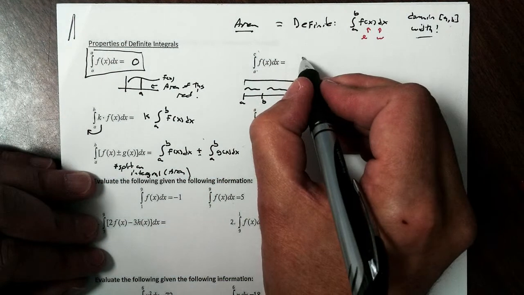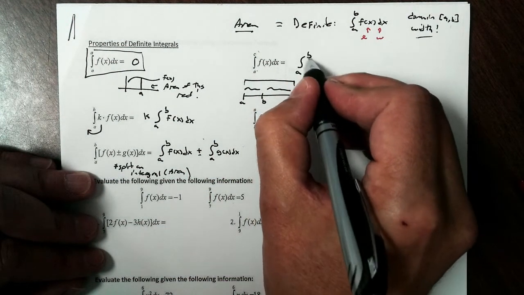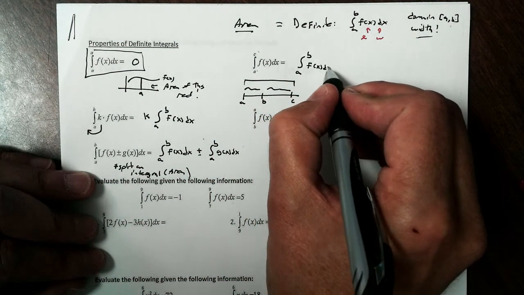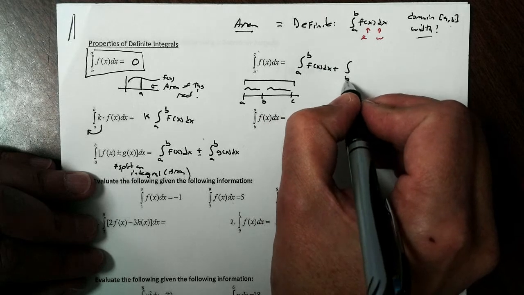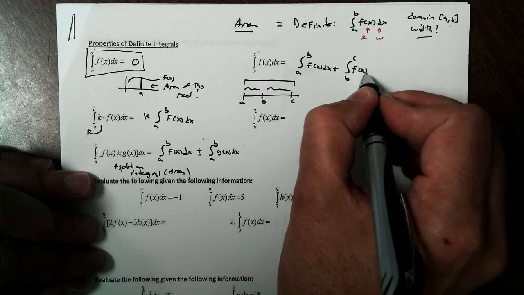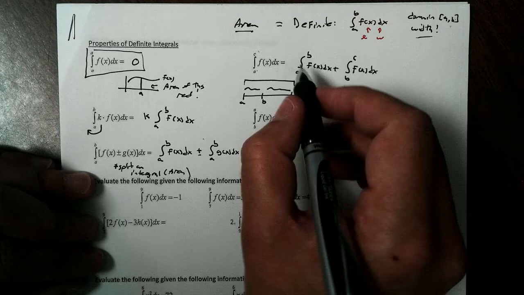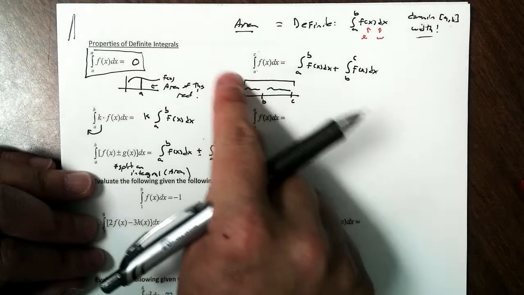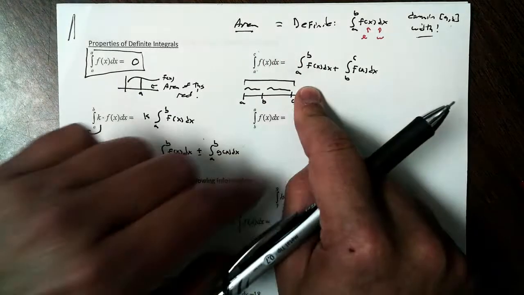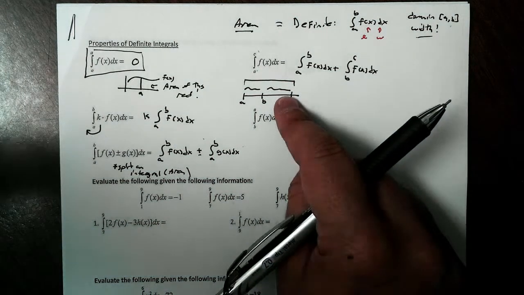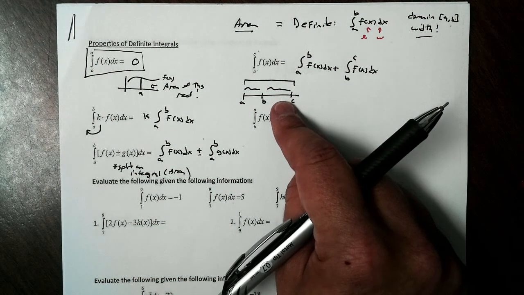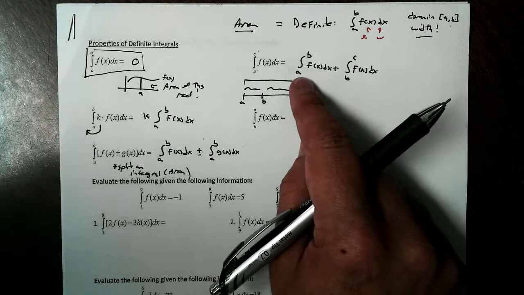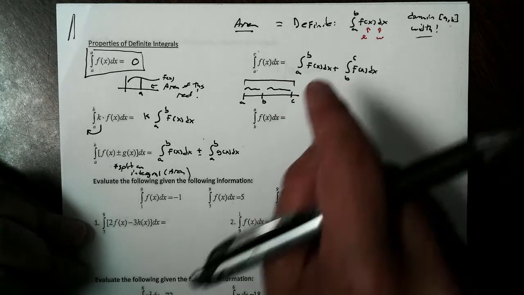So in other words, we're saying the integral from a to b of f of x dx plus the integral from b to c of f of x dx is the same as if I take the entire area. Now, this should sound familiar. It should sound a little bit like the segment addition postulate from geometry. It's kind of the same concept, except we're adding areas.